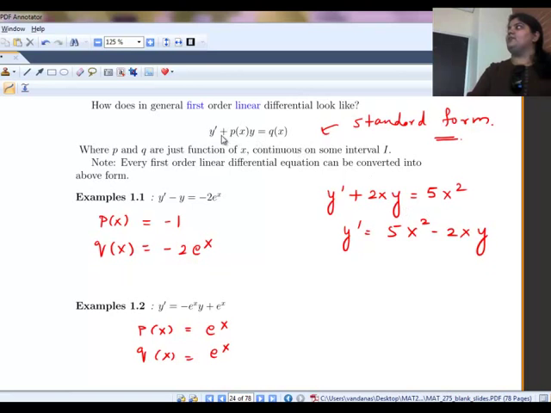I can see from the left hand side, I have these two types of terms, y prime plus p(x) y.